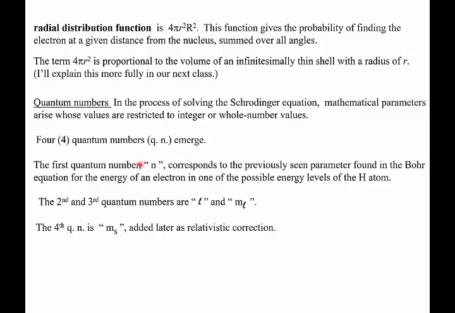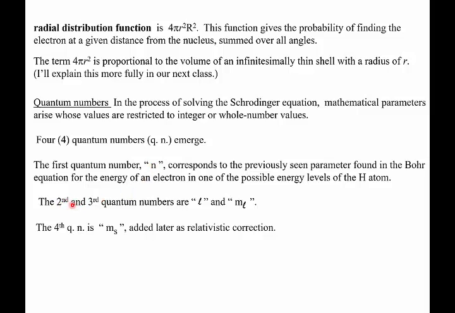The first quantum number, n, is the same n we saw with the Bohr model, where we use the n value to represent the energy levels of the electron in the atom. n equals 1 is the lowest level. That n value tells us the major energy level, or we also say shell, where we find the electron.